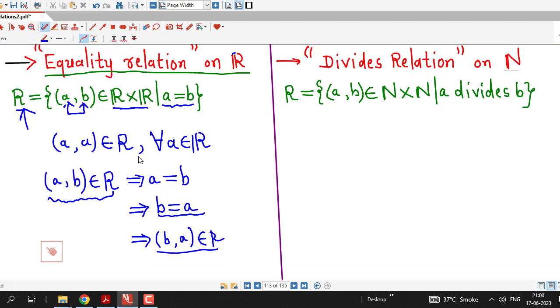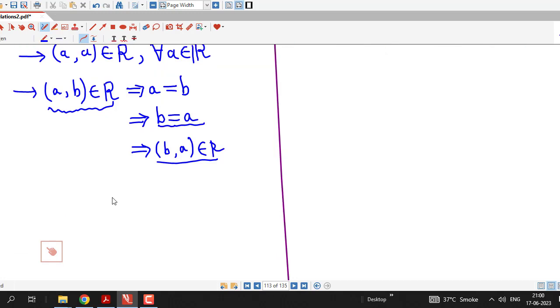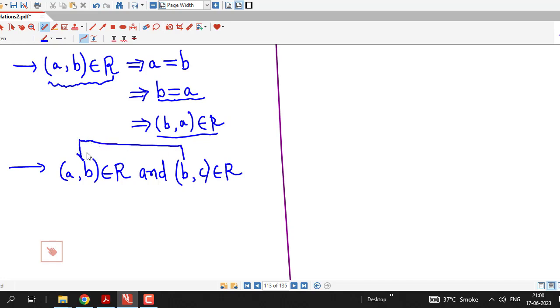And for the transitive property we have to check that whenever we have ordered pairs (A, B) belongs to R and (B, C) belongs to R, the first component of one ordered pair is equal to the second component of the other. Whenever A is related to B and B is related to C, then we must have A related to C if our relation is transitive.